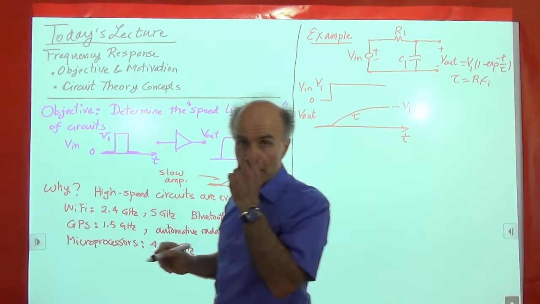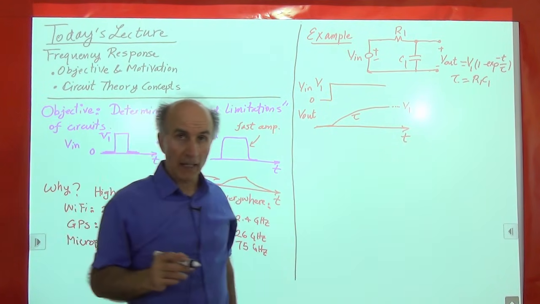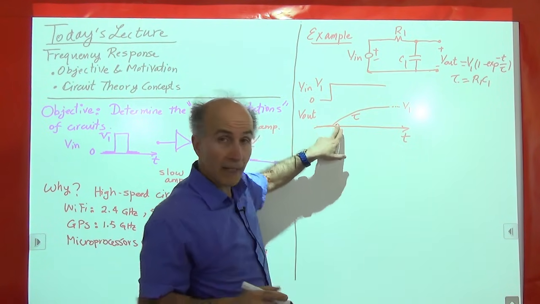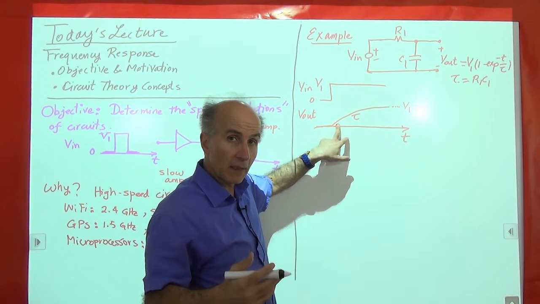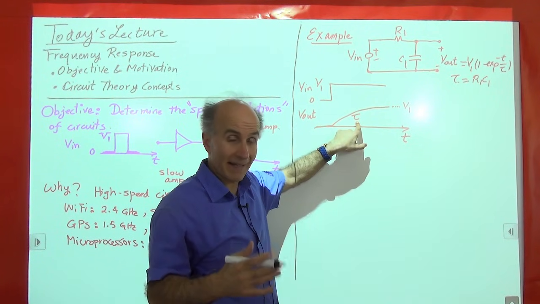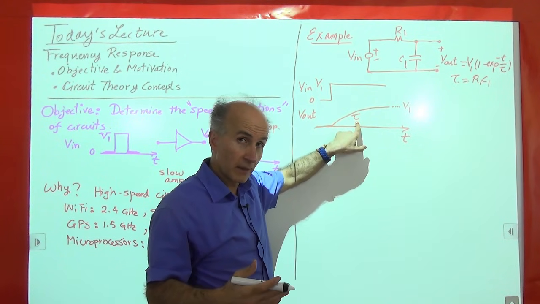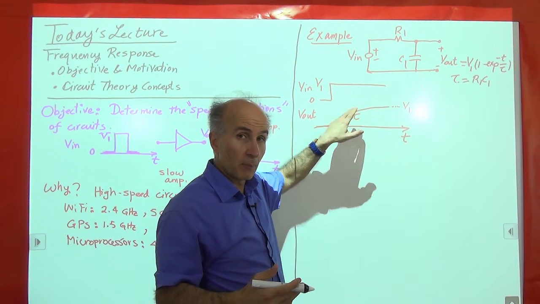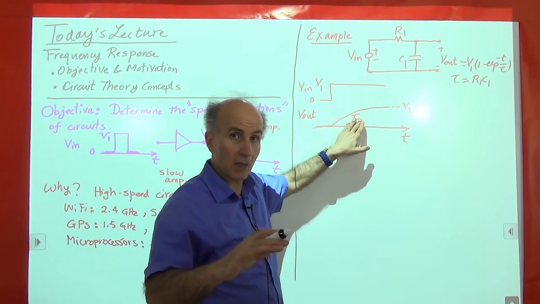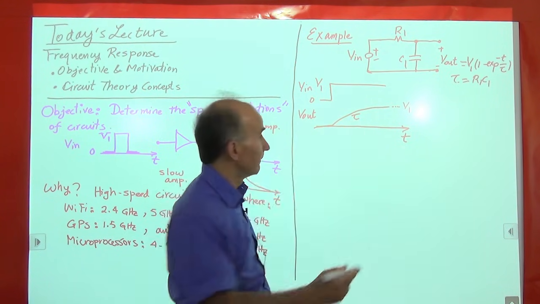Okay, so that's something we've seen in basic circuit theory or even physics, and we know that V out cannot respond quickly to the input change if this time constant is excessively long, right? So to improve the speed of the circuit, we must minimize the time constant, R1 times C1.